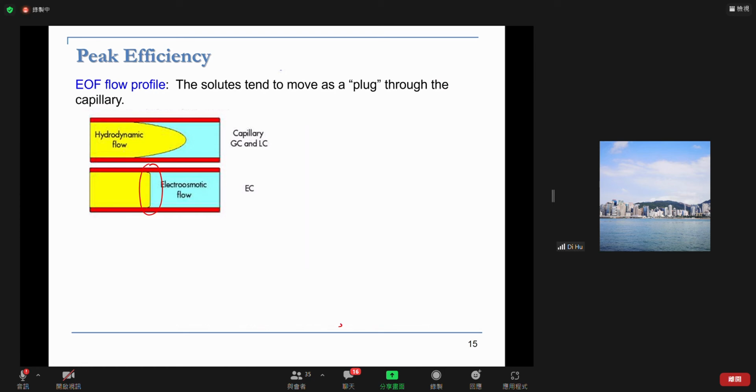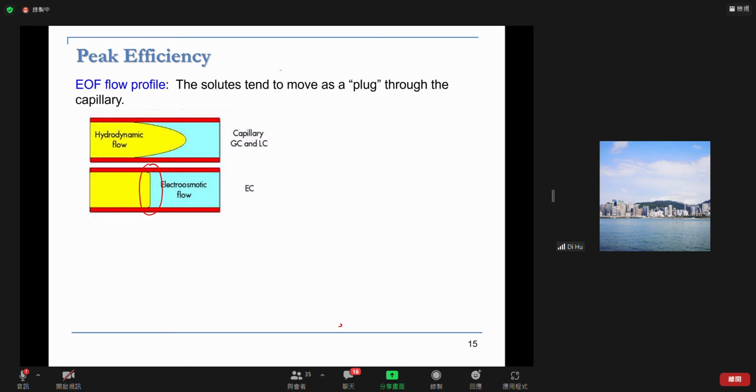So why does the electro-osmotic flow have a plug flow profile? It is because the driving force in CE is not a pump. The mobile phase, the bulk phase, is moving because of what?